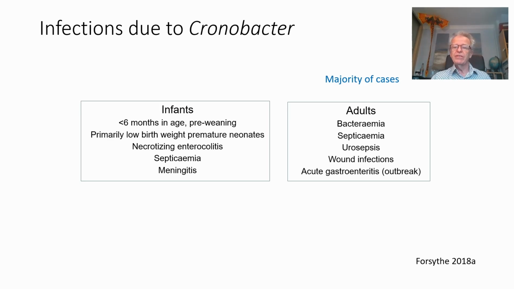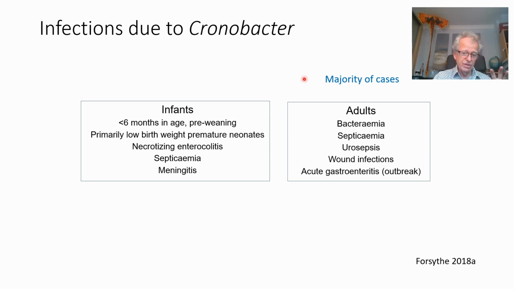So let's kick off with why people are concerned about Cronobacter. Well, the cases which primarily hit the news are those in infants. Primarily, we're talking about those who are pre-weaning, those who are less than 6 months in age. They're often premature, low birth weight babies, and they may suffer from necrotizing enterocolitis, septicemia, and unfortunately even meningitis.